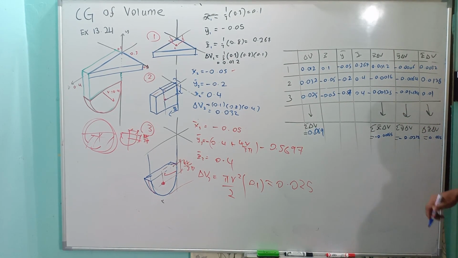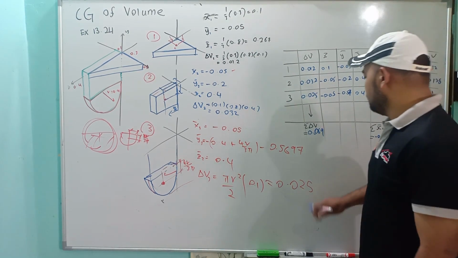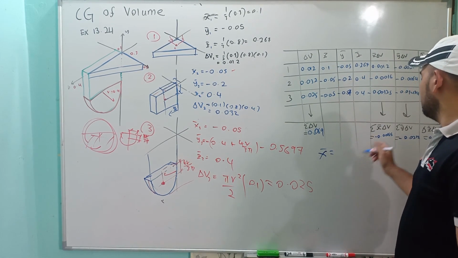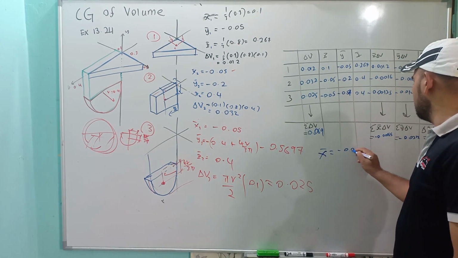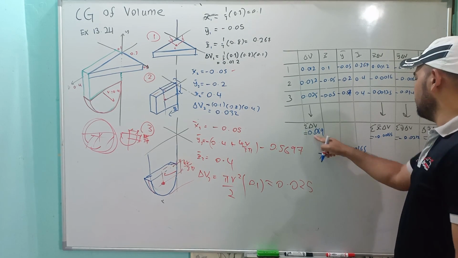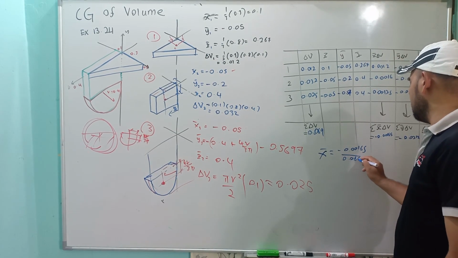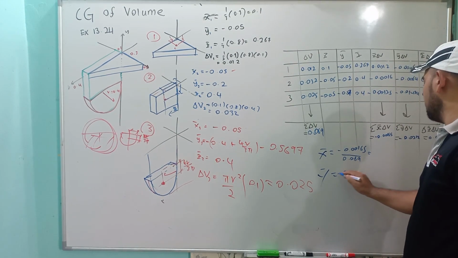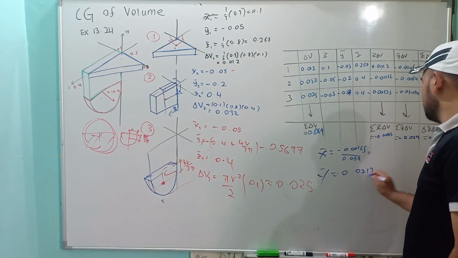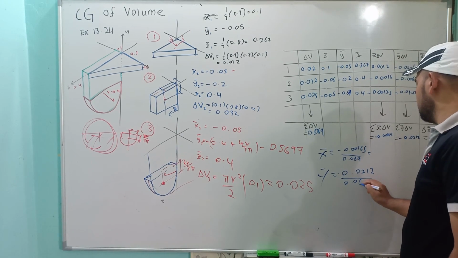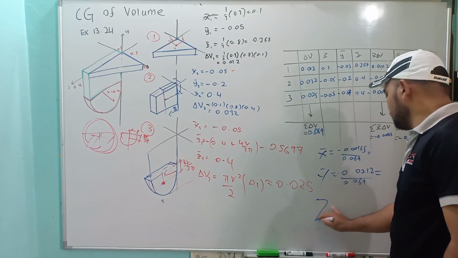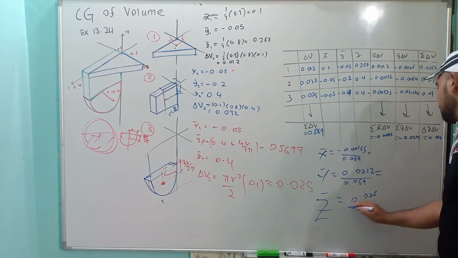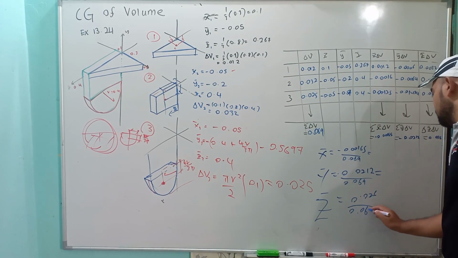So we have all, put that in the equation. You will have x bar equal to negative 0.00165 divided by 0.069, y bar equal to negative 0.0212 divided by 0.069, and the last one, z bar equal to 0.026 divided by 0.069.